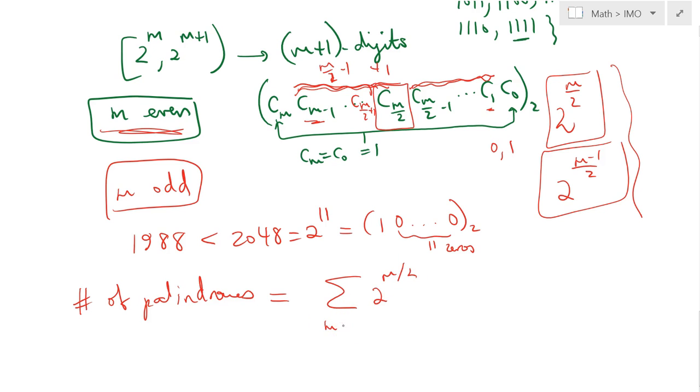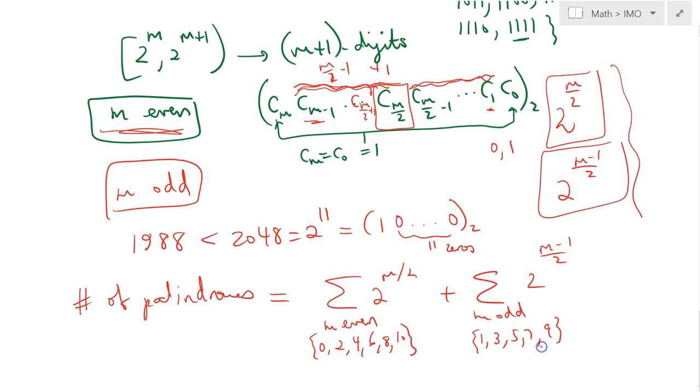So m even, when I say even, I mean 0, 2, 4, 6, 8 and 10, plus the summation of odd. When m is odd, we have 2 to the m minus 1 over 2 palindromes, and when I say odd, I mean 1, 3, 5, 7 and 9.